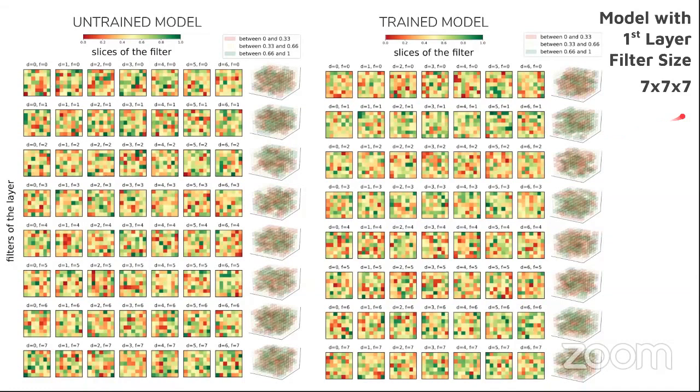As we can see here, the trained model shows that the weights are not random, as we can see from the comparison with the untrained model. However, we still don't recognize clear patterns. Why?